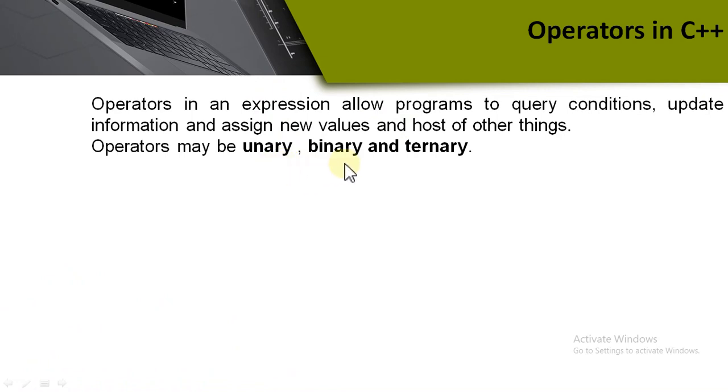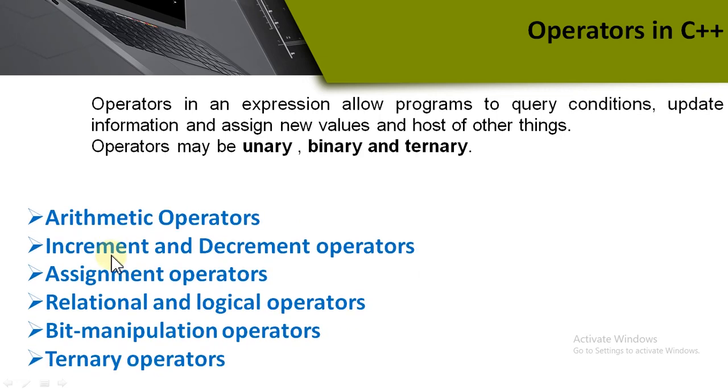Binary operators like plus, minus, division, and multiplication need two operands, and ternary needs three operands. So unary, binary, and ternary is not about the operators themselves, but depends upon how many operands are to be operated on.